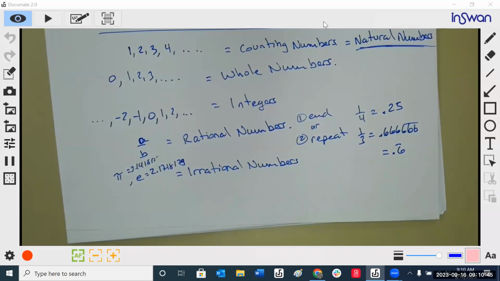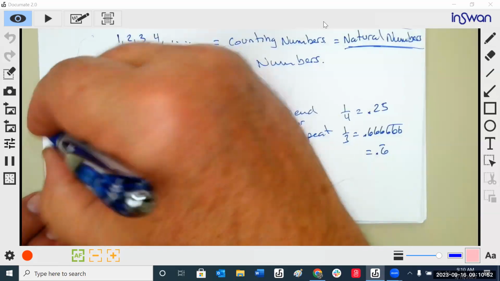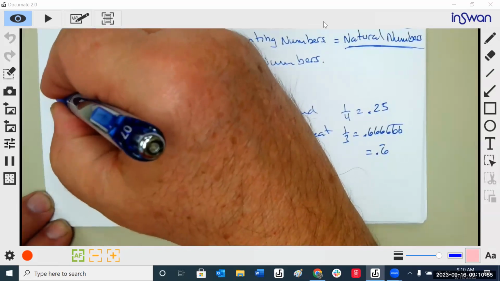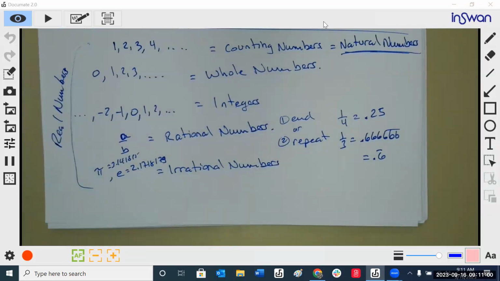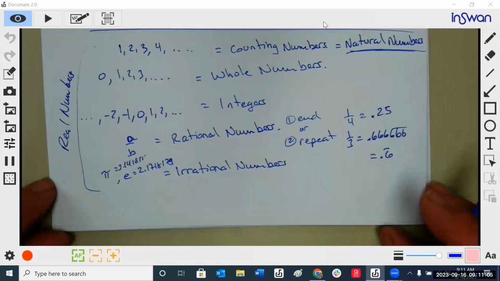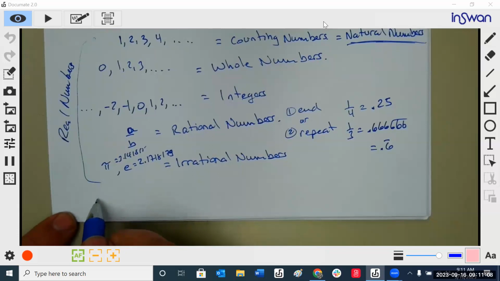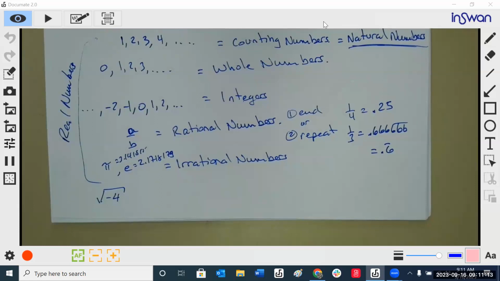That wasn't enough. We'll call these real numbers. But are all numbers like that? No, because during calculations, we can come up with something like the square root of -4. The square root symbol is asking you what number times itself equals this.